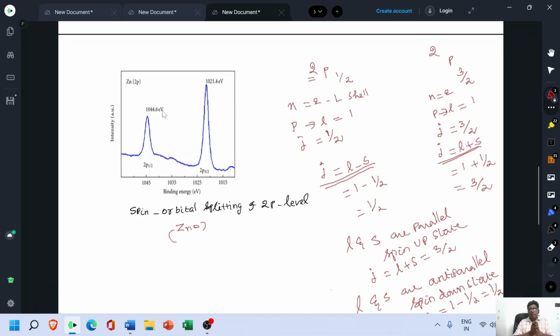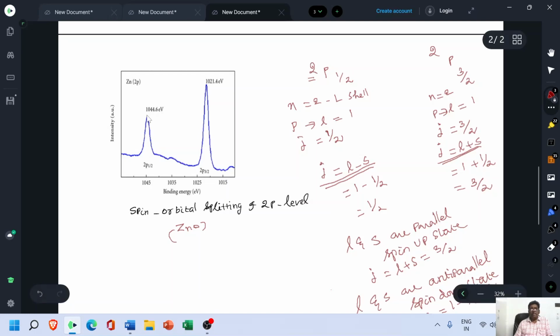If you think about the spin down state, that means an electron which is antiparallel with the orbital motion, the binding energy of that electron is more than that of an electron which is parallel to the orbital angular momentum, that is the spin up state. Once the binding energy is more, that electron is not coming out of the system easily.